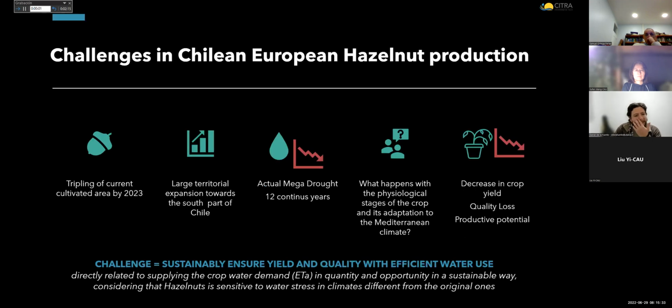So the challenge in Chilean European hazelnut production is to have sustainable and assured yield and quality with efficient water use.